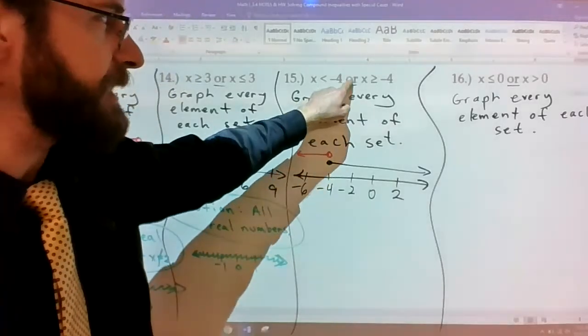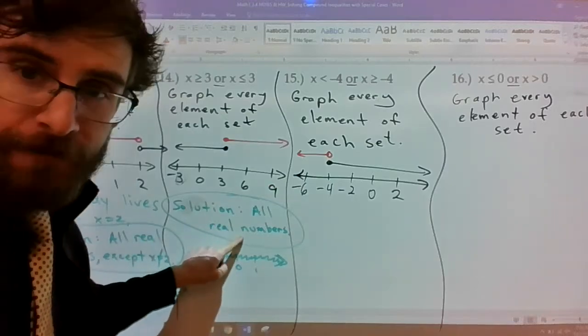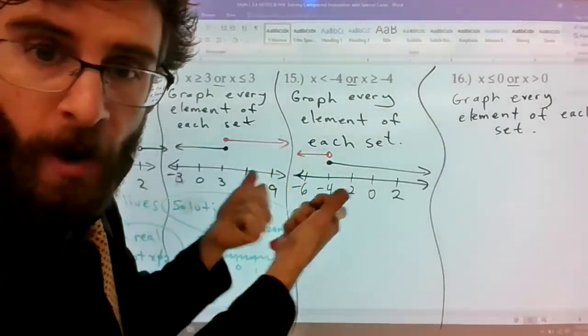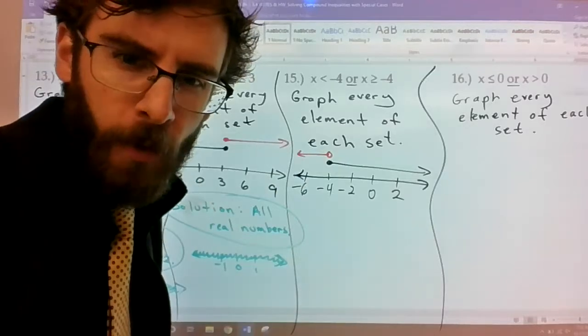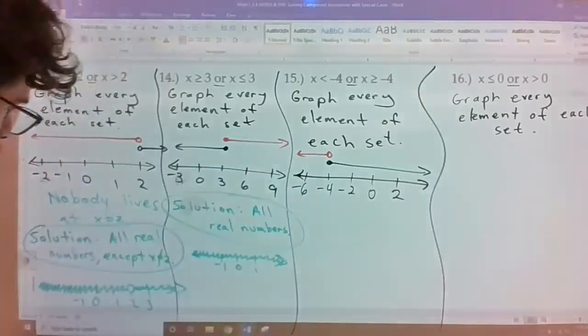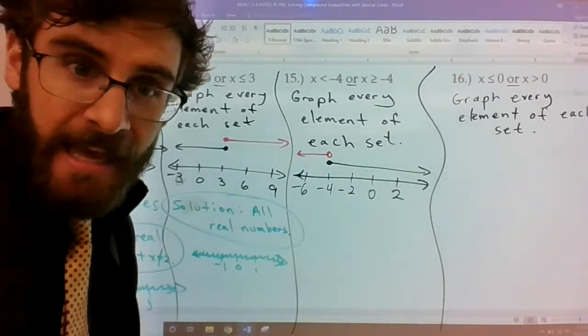For the or statements that have the same number, all real numbers has been included every single time. The question is, at the point at which they're going away from each other, we call that an emanating point. Is somebody living there? Does somebody live at x equals negative 4? Yes.